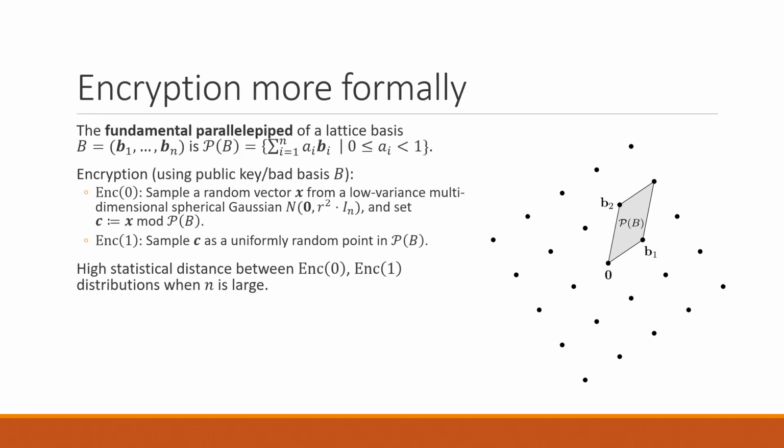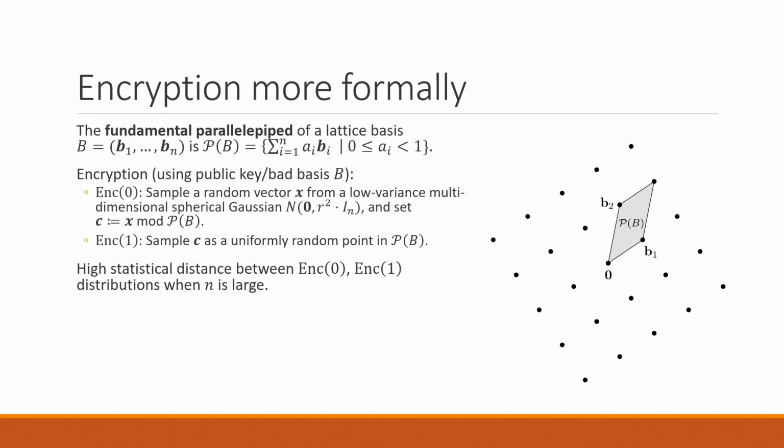Okay, so it's easy to show that in high dimensions, even though this might not be clear in 2 dimensions, there's high statistical distance between the encryption distributions for 0 and 1 in the case when R is chosen to be sufficiently small.